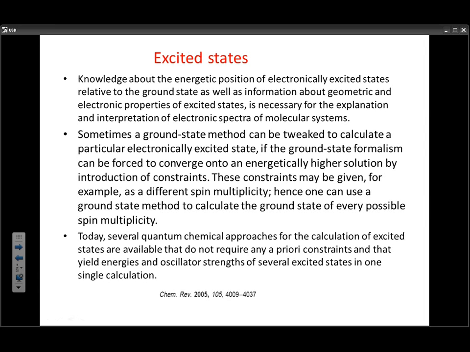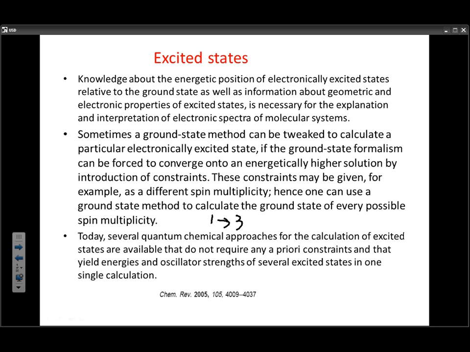Here one can use a ground state method to calculate the ground state of every possible spin multiplicity. For example, if the spin multiplicity of the ground state is 1, we can change it to 3 to study the triplet excited state.